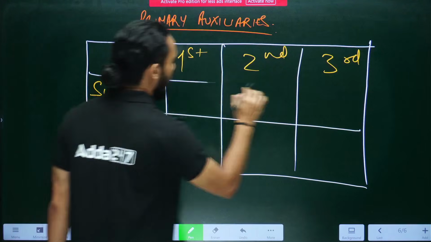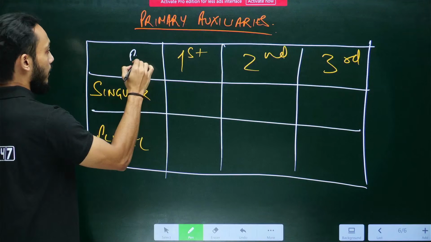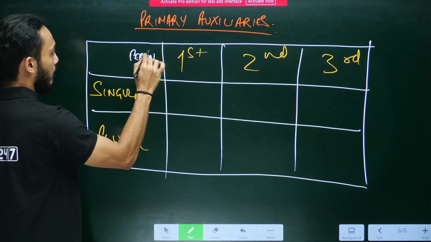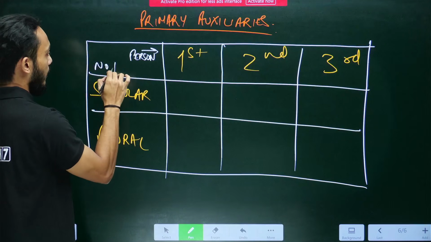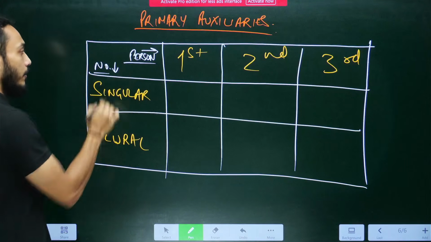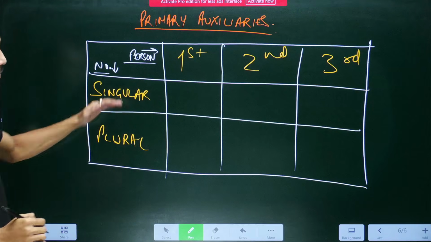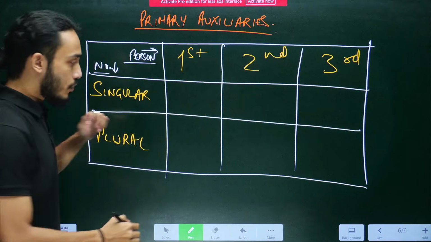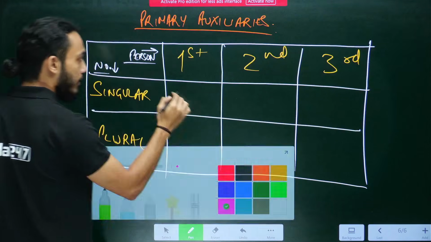Here I'm writing person, and this way I'm writing the number: singular, plural, first, second, third person. So for each of the boxes you get a combination.